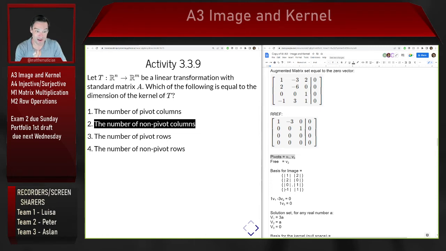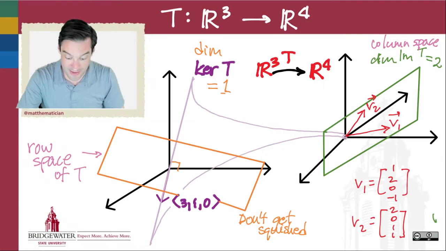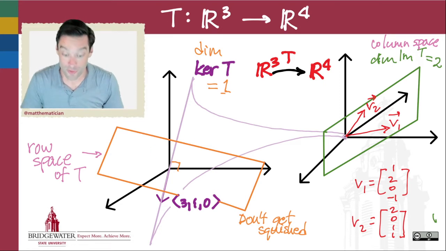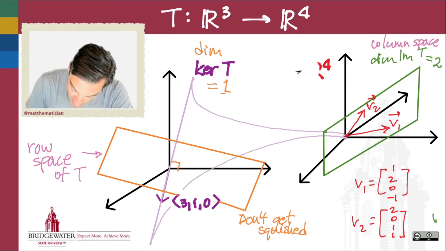That's one way to think about it. Every column is either a pivot or not a pivot, and so if I add up the pivot columns and the non-pivot columns, I get the total number of columns. But the total number of columns is, as you just said, exactly the dimension of my domain. So the dimension of whatever vector space is the domain of my linear transformation. And so that's a pretty big deal.